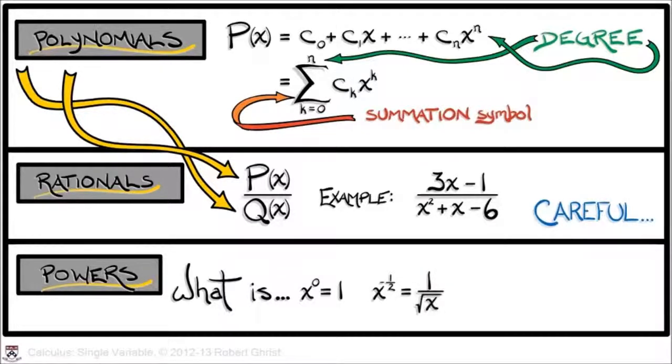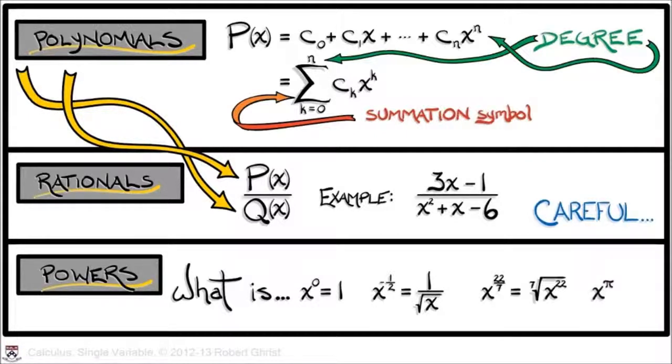Recall that fractional powers connote roots, and negative powers mean that you take the reciprocal, so that x to the negative 1/2 is 1 over the square root of x. And what is x to the 22/7? Well, break this up into pieces. First, we take x to the 22nd power, and then we take the 7th root of x.